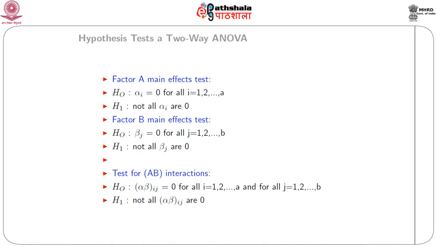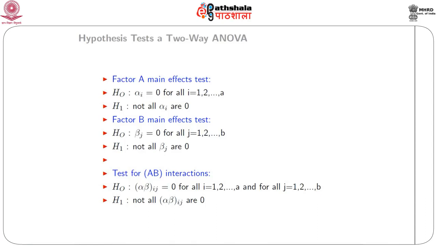Just remember, you do not need to substitute j in place of i, because j is a dummy variable and so is i. So, you can even substitute A in place of i. For interactions, you can similarly test that all the alpha beta ij's are equal to 0, and the alternative is that they are not all 0.